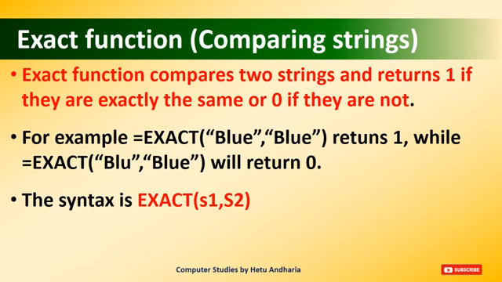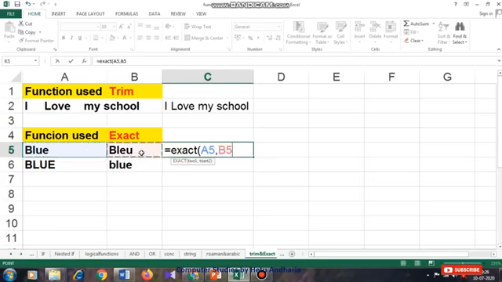So here I type blue and here I make a mistake in typing blue. Here I type both the words correctly. Fine. Now let's check. Is equal to EXACT, text 1, that is A5, comma text 2, that is B5.